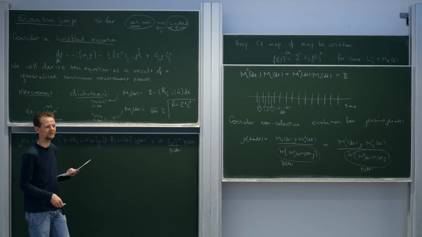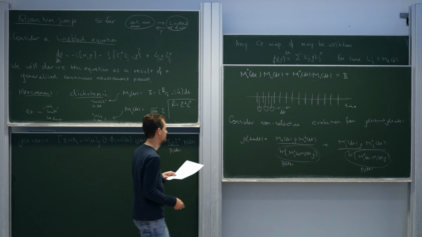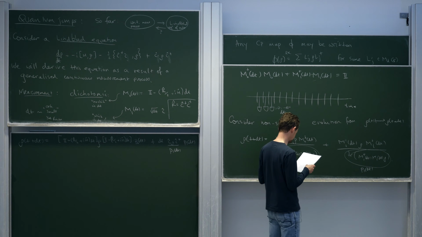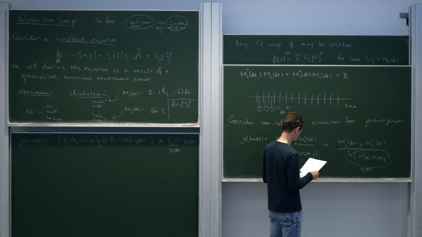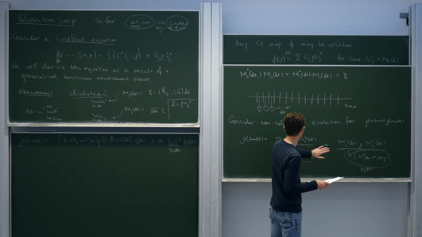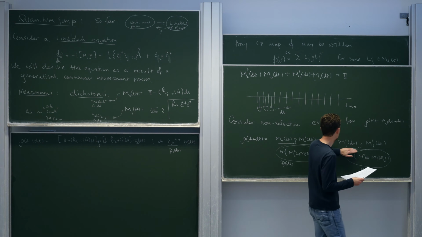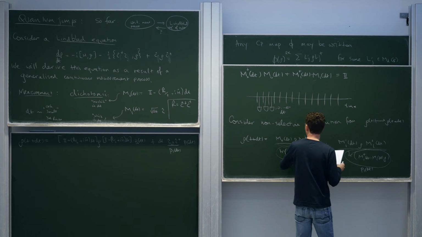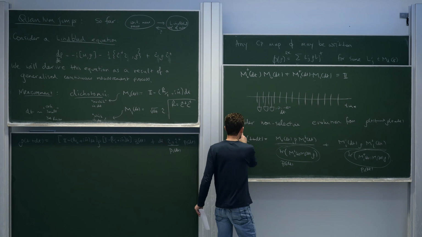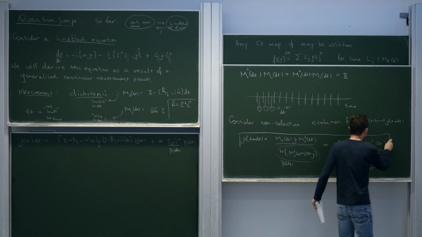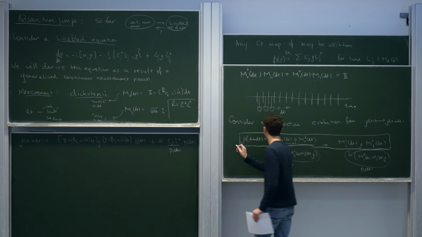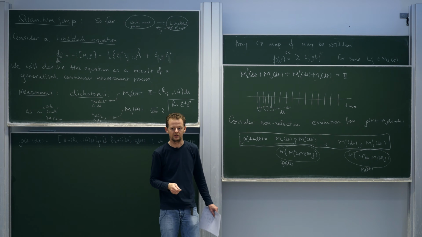Yeah, there's something odd here, isn't there? What have I done wrong? This equation here is wrong. So the non-selective evolution, I'll just box the equation, then it's correct. That's the non-selective evolution equation.